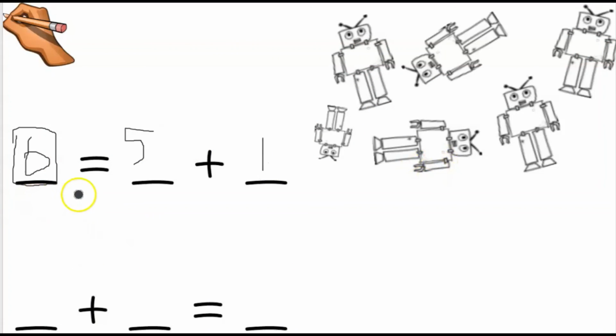So I can say 6 equals 5 plus 1. My unknown is 6, and my two parts are 5 and 1. Now let's compose these two parts and make the unknown. 5 big robots, 1 small robot equals 6 robots all together.